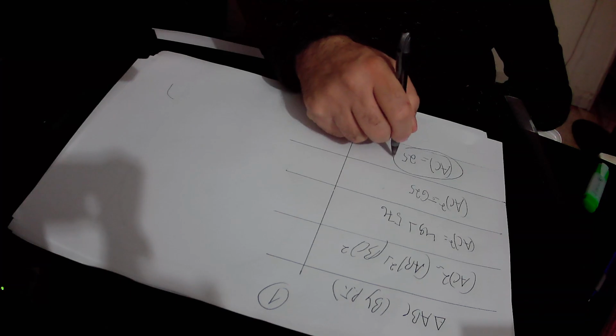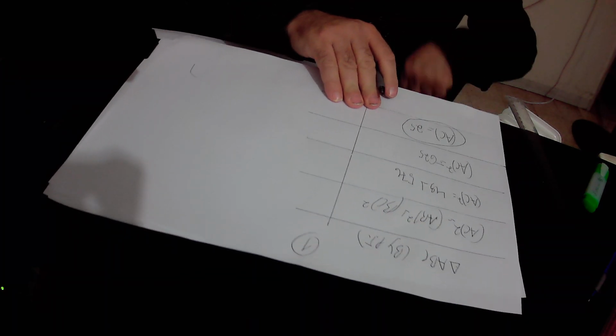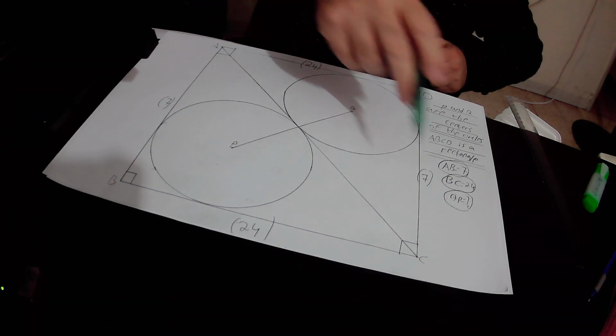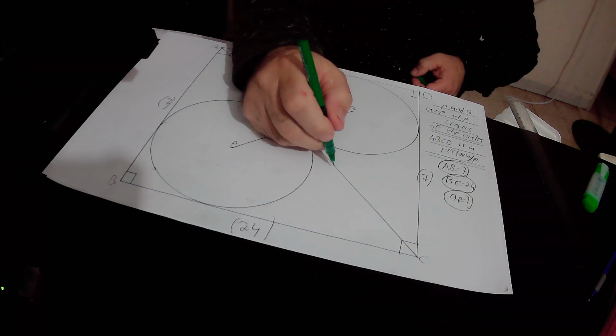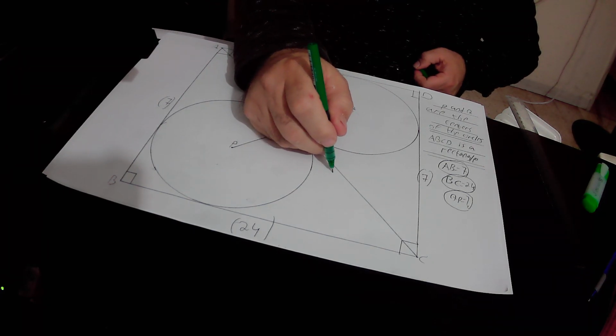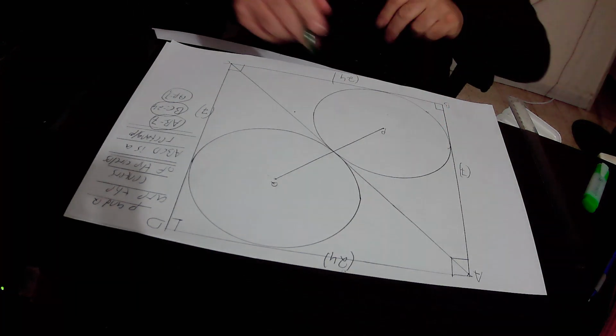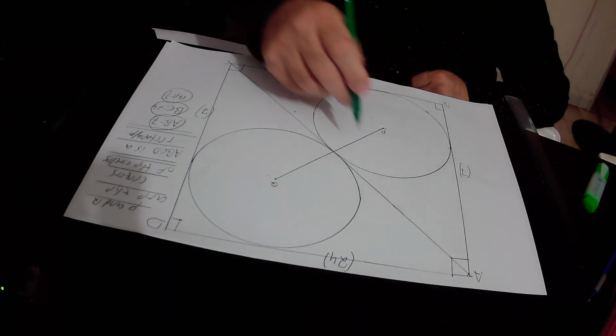So the length of the hypotenuse AC is equal to 25 units. And the hypotenuse AC of the right triangle ABC is equal to 25 units in its length. AC equals 25 units.